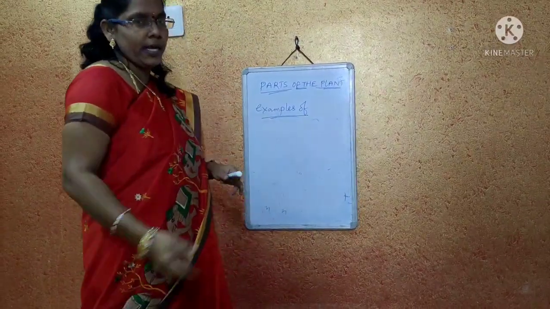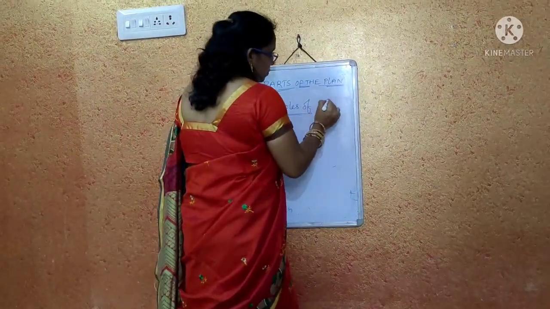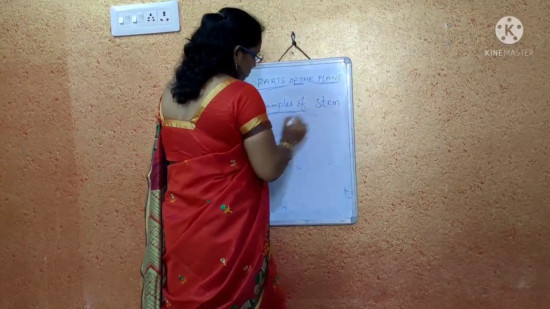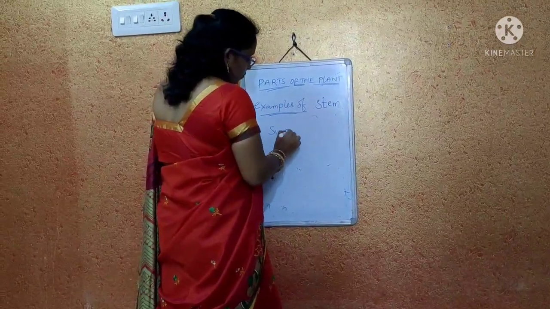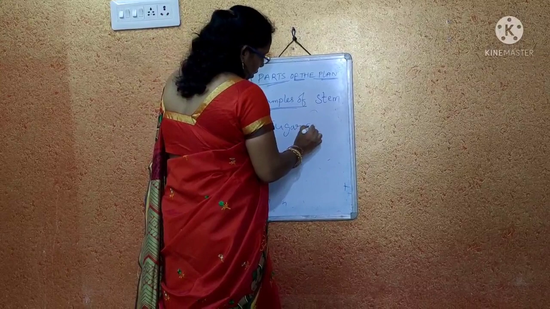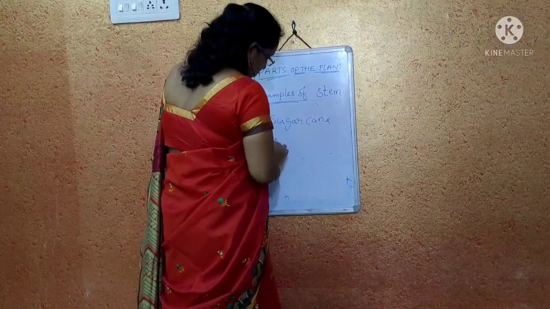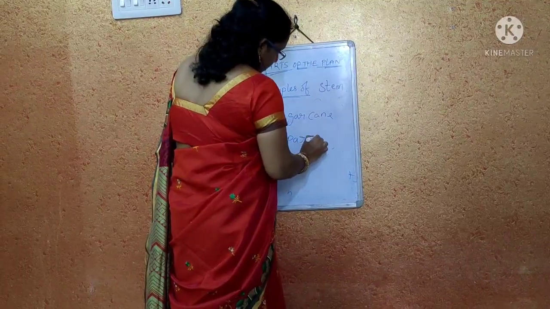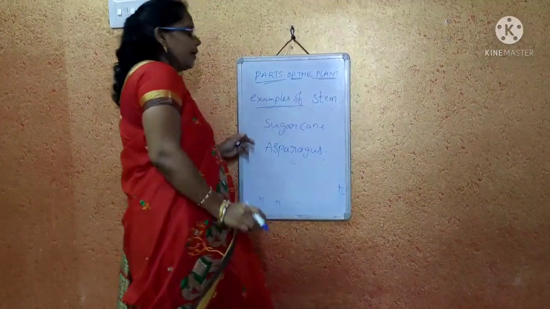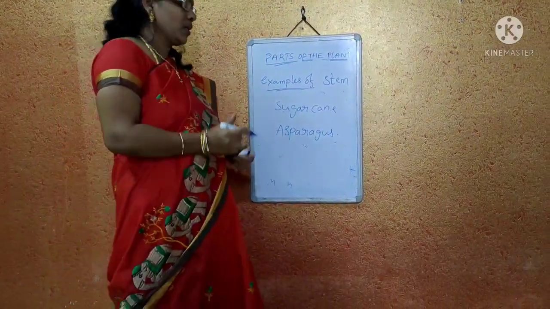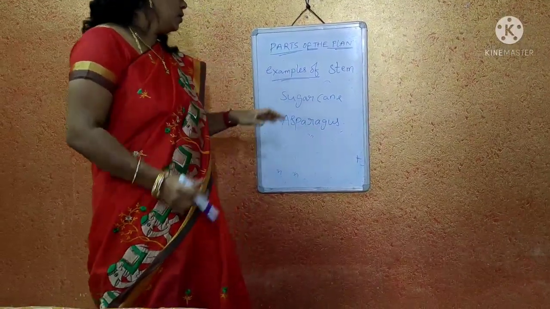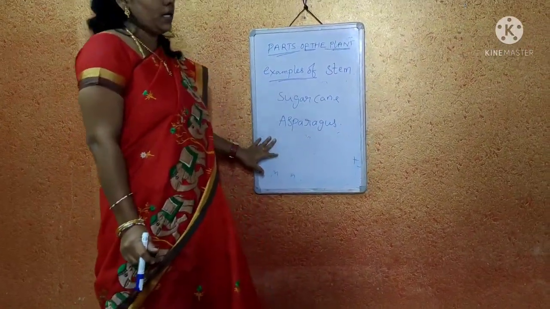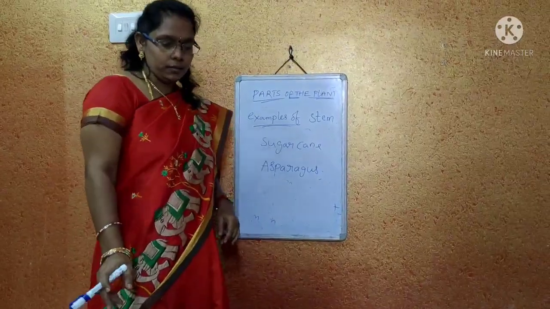Next, examples of stem. Sugarcane, asparagus. These are examples of stem. What are the examples of stem, children? Sugarcane, asparagus. Okay, write down, children.